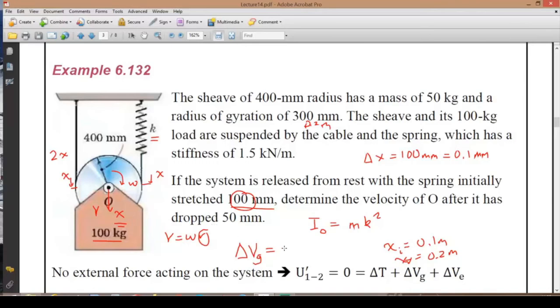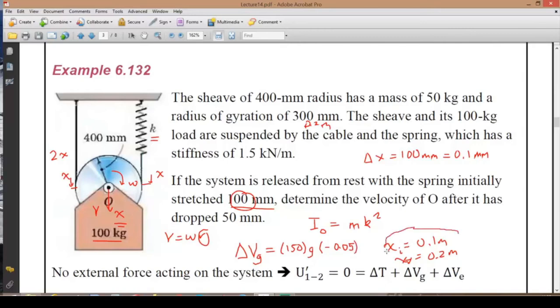So the change in the potential energy will be the total mass of 150 kilograms times the gravity, times the displacement in the vertical direction, a negative 0.05. That's our change in the potential energy.